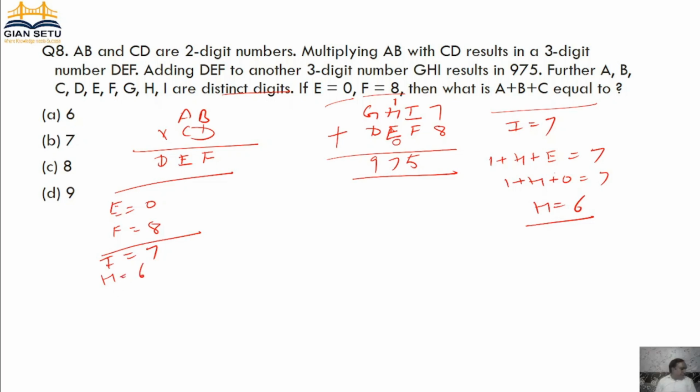Now G and D, when we add G plus D, we must get 9.